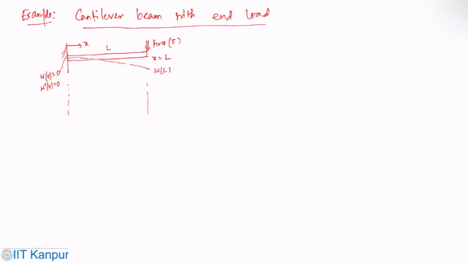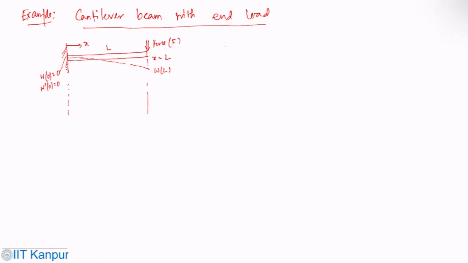That's the length L. So it's a beam which is fixed at one end, and you have an end load acting at the other end of the beam.